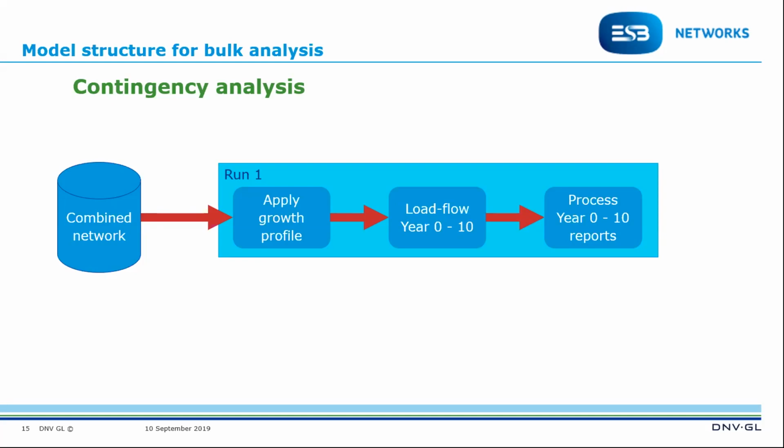The solution is that we can combine all of those area networks into one Access database and still be within the data limits, so we're going to create one combined model. Looking at the contingency analysis, we need to call in 2 layers of adjacent feeders, so we can not only go to the adjacent feeder on the next area network, we can go beyond that to the network as well.